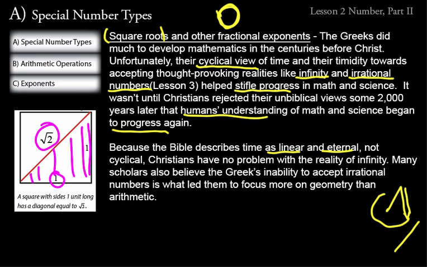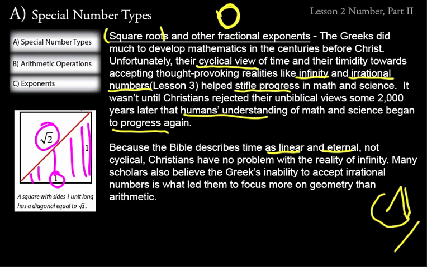That's an irrational number. Like pi is an irrational number. There's simply no way to write the square root of 2 as a ratio of integers.